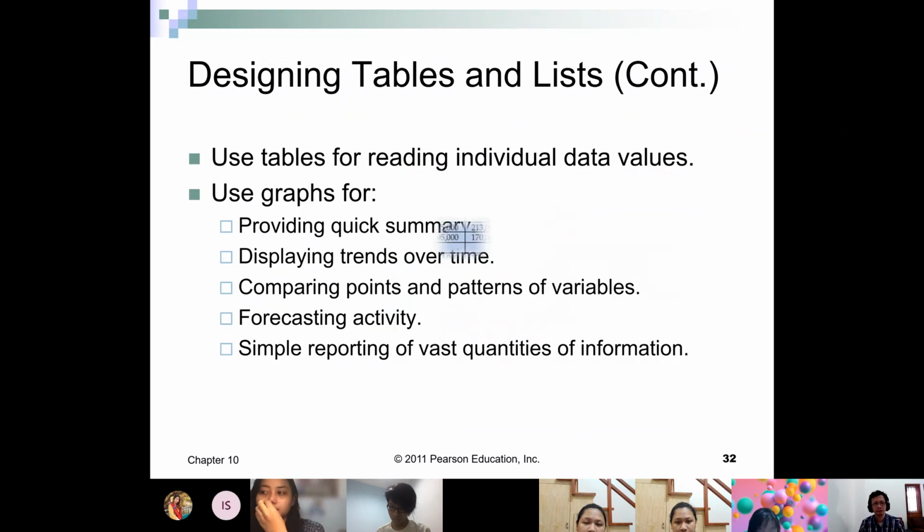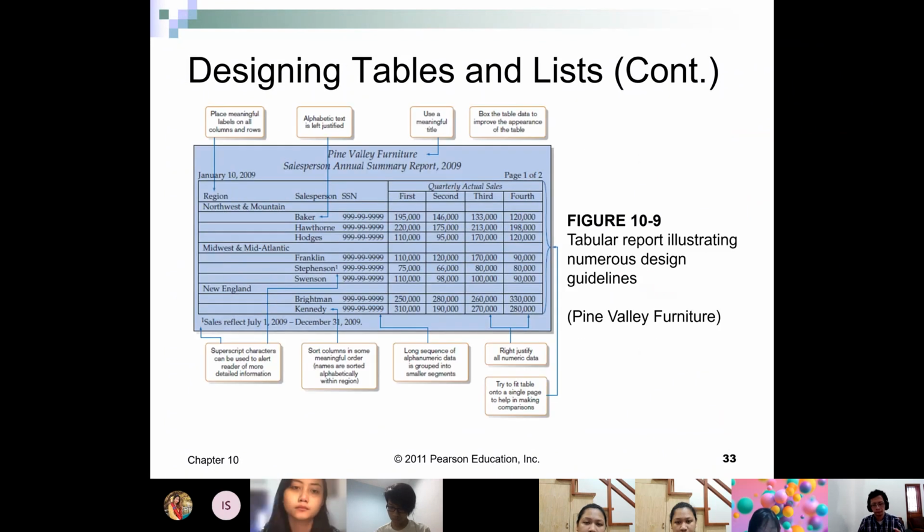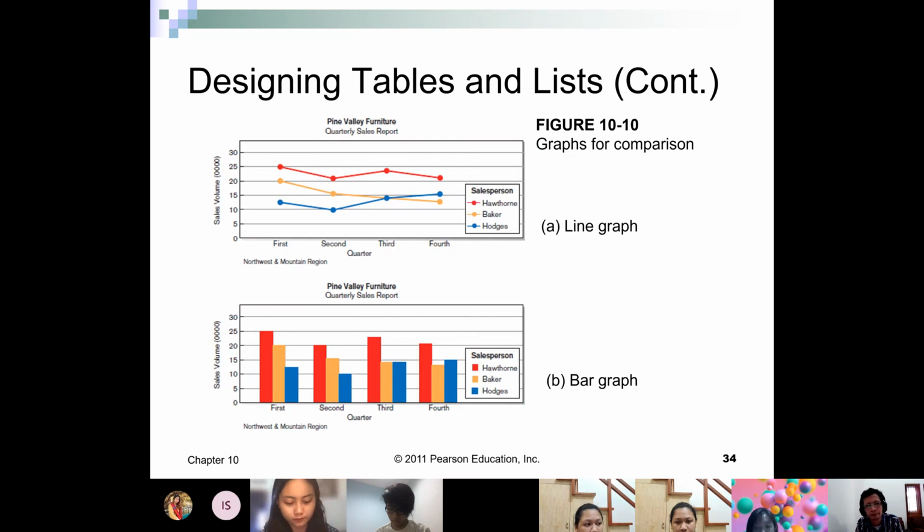Okay, now from time to time, especially with numbers, people tend to be confused by numbers. Therefore it's a good idea to represent those numbers using graphical representation like a chart or graph.